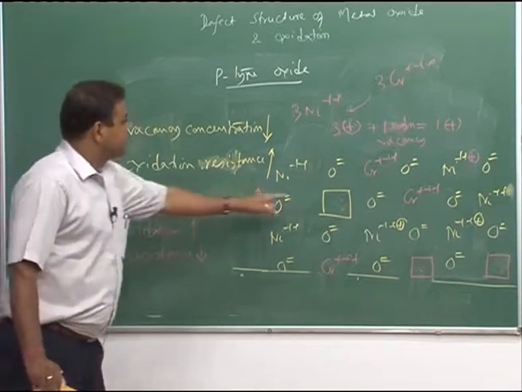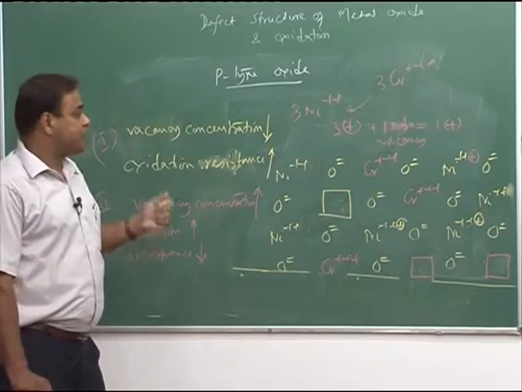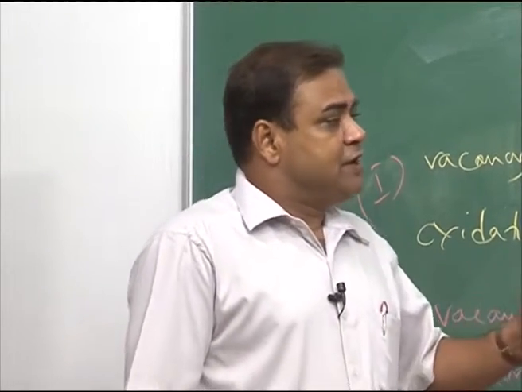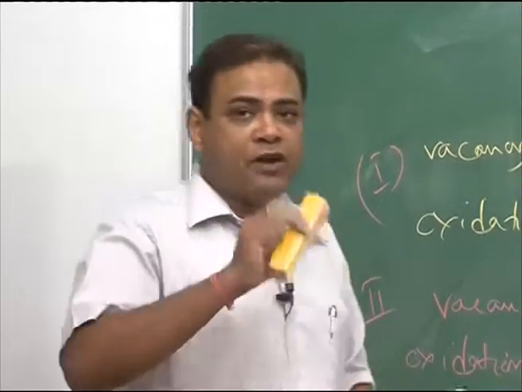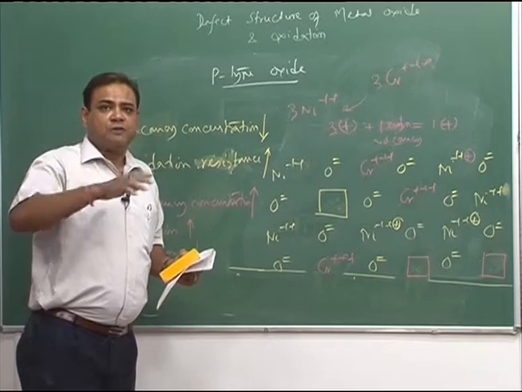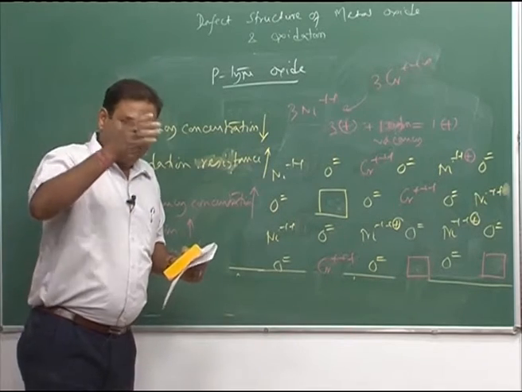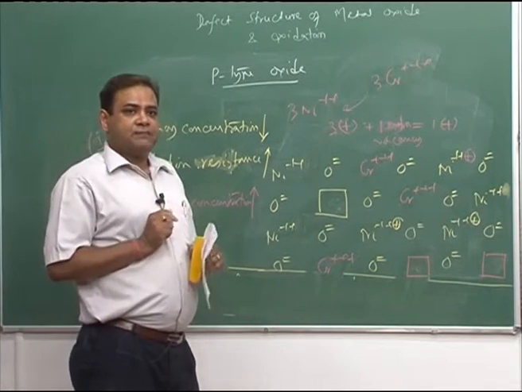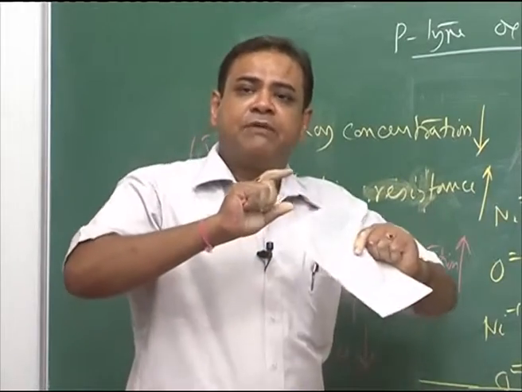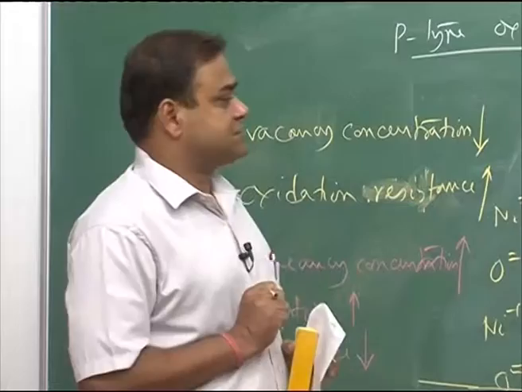For example, in case of chromium addition in FeO or iron, if chromium content is beyond 18%, instead of an FeO layer, there could be formation of a Cr2O3 layer, and if the Cr2O3 layer forms on the surface, it could give a very good oxidation resistance.